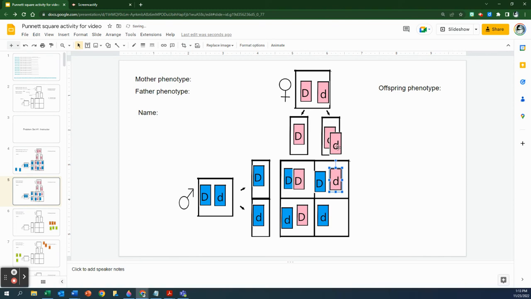If you have two heterozygous parents, each parent in their egg or sperm cells has a big D and a little d, so the possibilities for the children are big D big D, big D little d, big D little d, and little d little d.